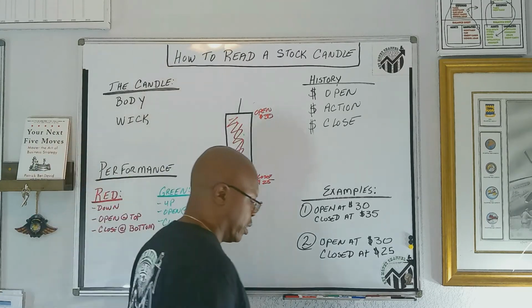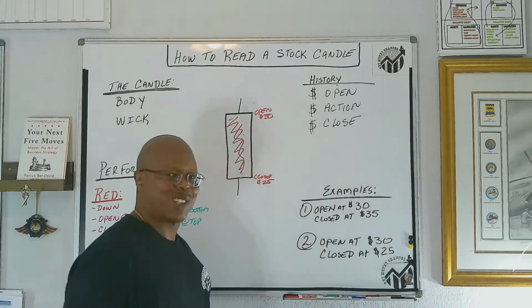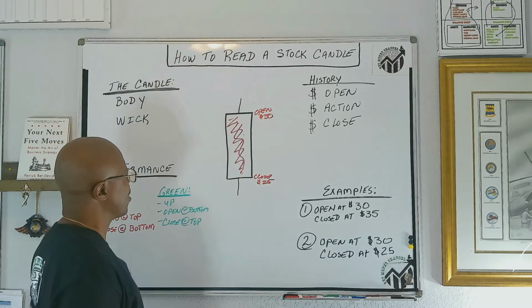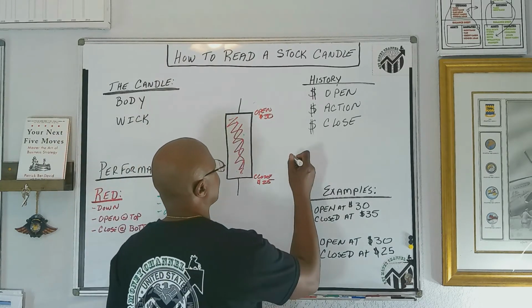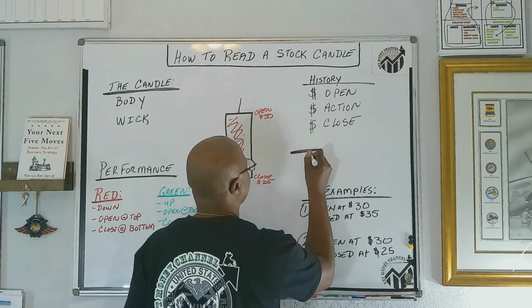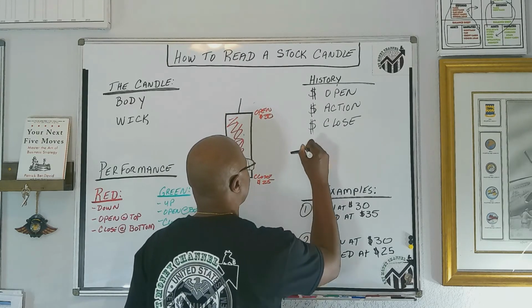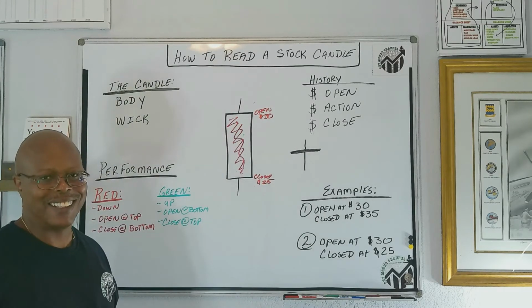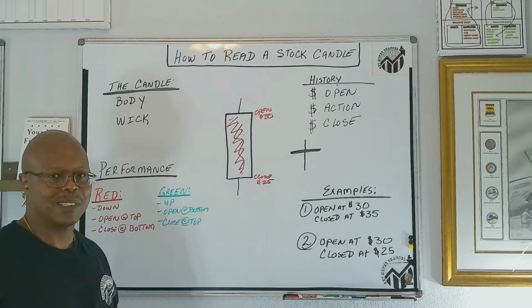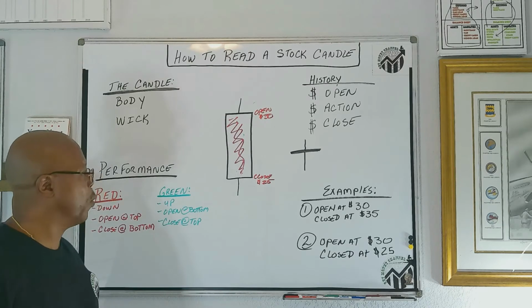Now, I'm going to give you guys a bonus. See if you get this one. What if you see a candlestick that looks like this? Any ideas? Some of you got it. Some of you are on point.